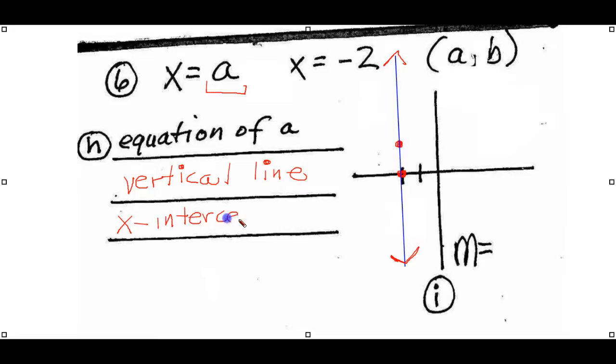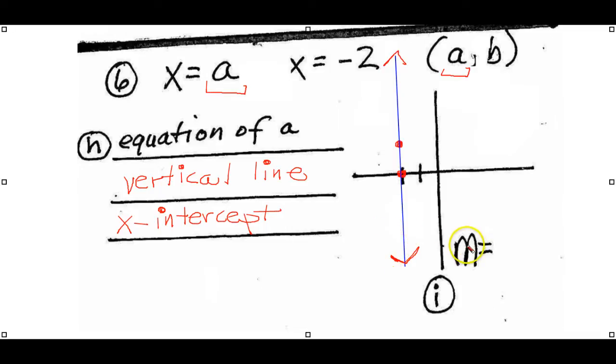That is, whatever the equation states, x equals -2, x equals a, in your ordered pair, whatever value is there, that's the x-intercept, and it forms a vertical line.